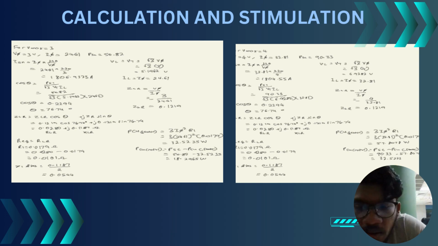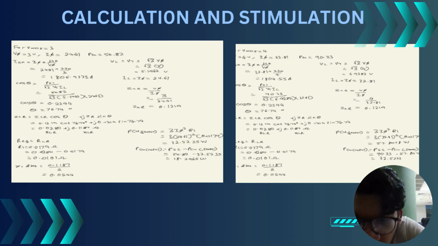Okay, now is voltage maximum equals 3. So the same formula, same way we used before for voltage maximum equals 2 and voltage maximum equals 1. In voltage maximum equals 3, V phase equals 3 volts, I phase equals 24.61, and power synchronized is 50.82. Same formula here.